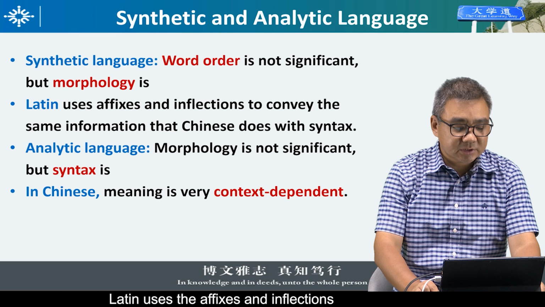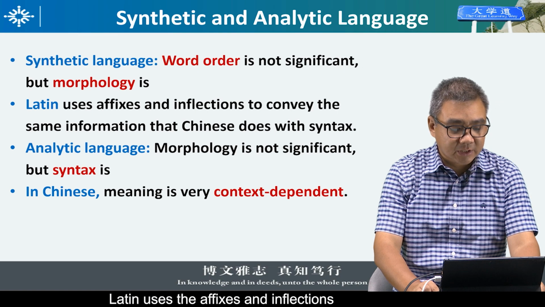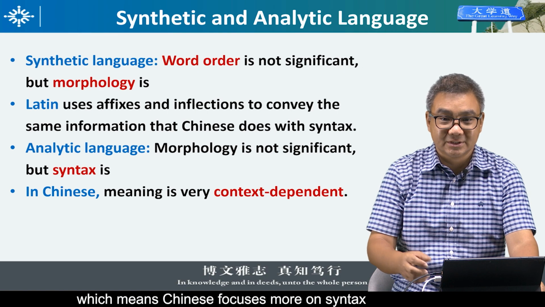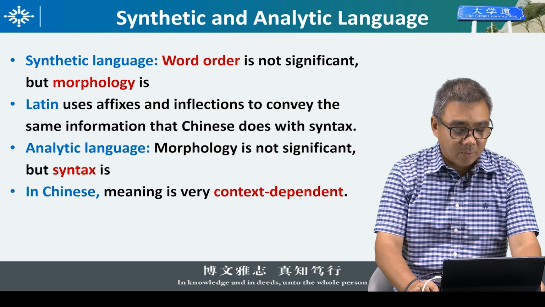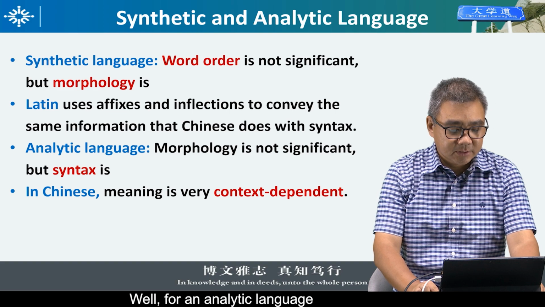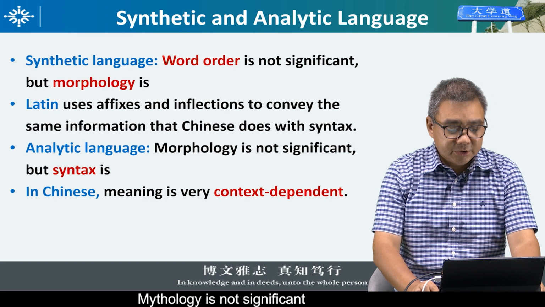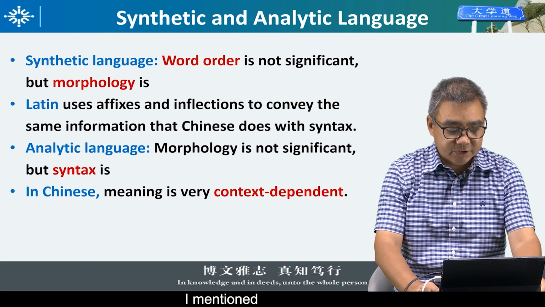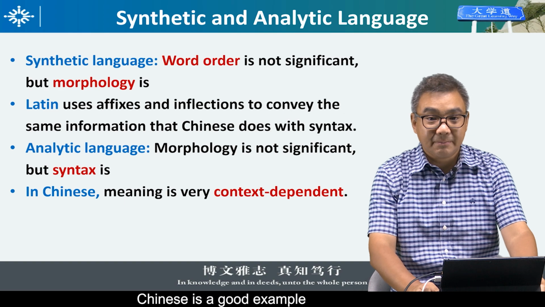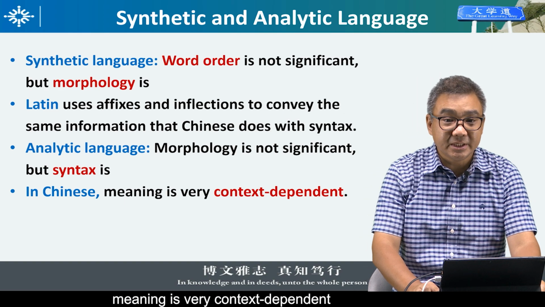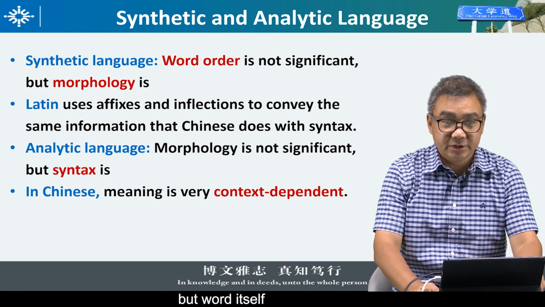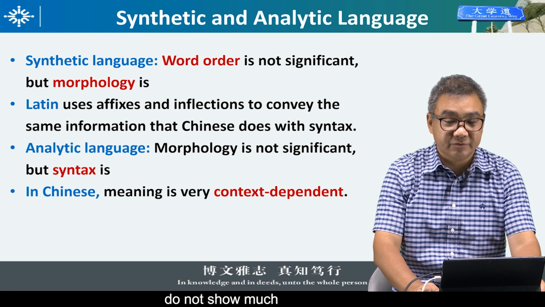Latin uses affixes and inflections to convey the same information that Chinese does in syntax, which means Chinese focuses more on syntax. While in analytic language, morphology is not significant, but syntax is. As I mentioned, Chinese is a good example. In Chinese, the meaning is very context dependent. But the word itself, individual words, do not show much information.